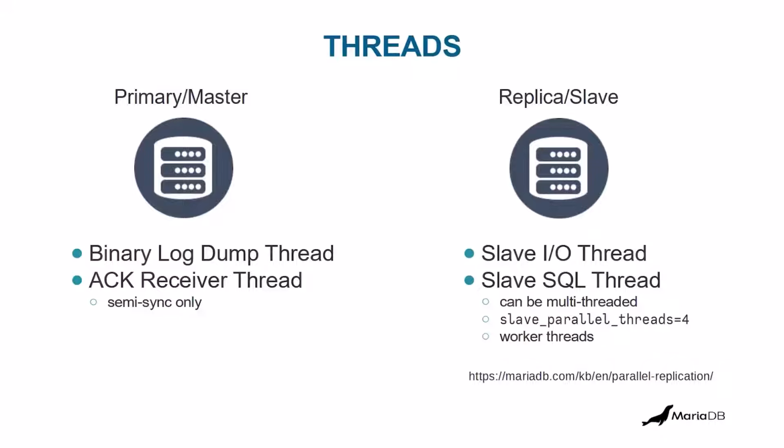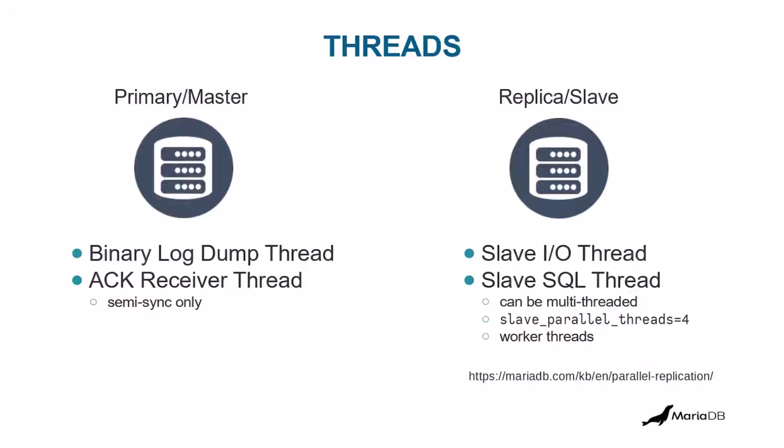The MariaDB process has a number of threads that are used to manage replication. On the primary, you will find two threads: the binary log dump thread and the ACK receiver thread, used when semi-synchronous replication is configured. The ACK thread receives acknowledgement that a transaction has completed on a replica. On the replica, there is the slave IO thread.